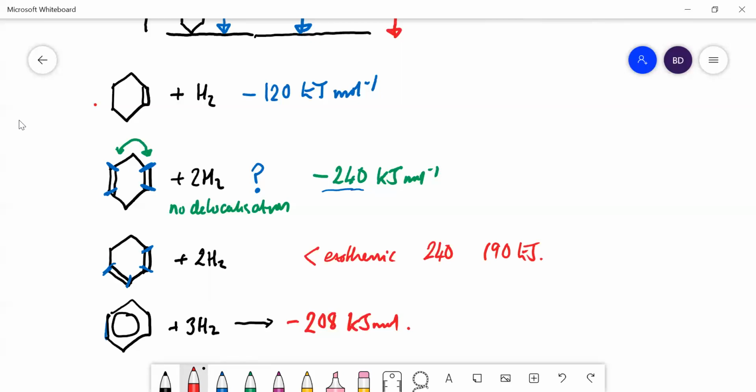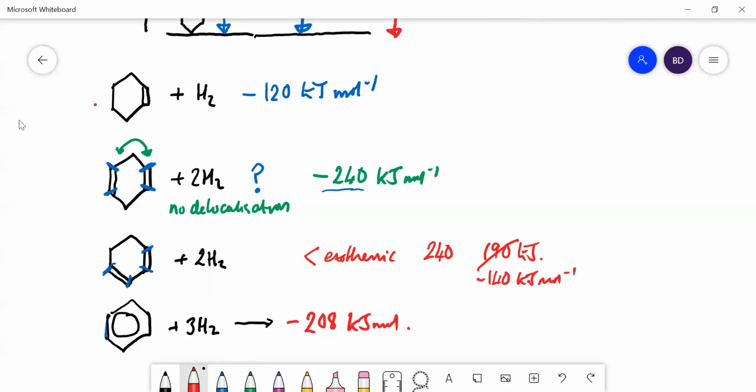I suppose what you could do is divide 208 by 3 and then times it by 2. If you do that, I think you get 140 kilojoules per mole, something like that.